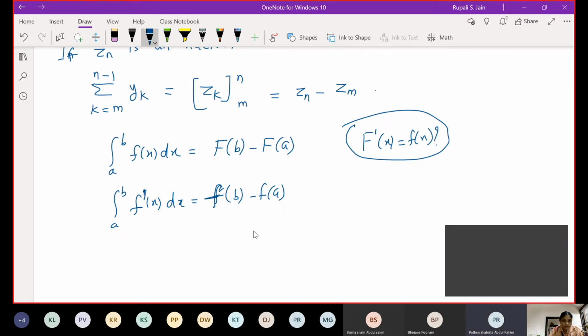So capital F is equal to what? Integration of small f. So is that correct?